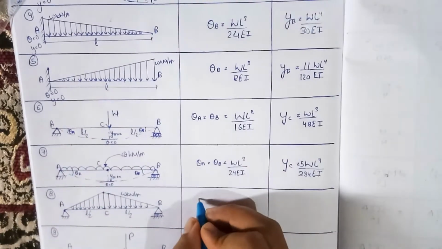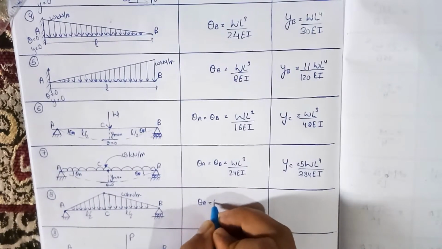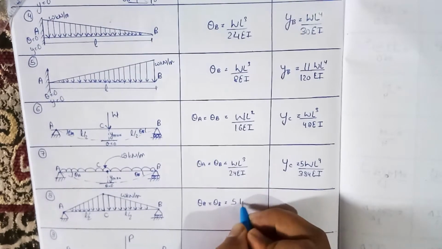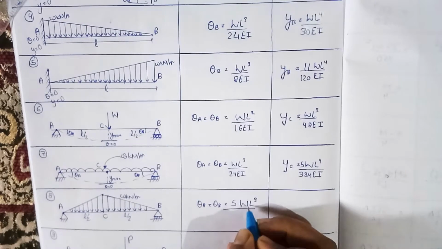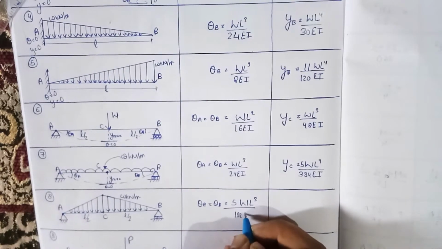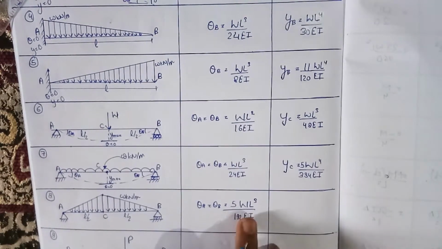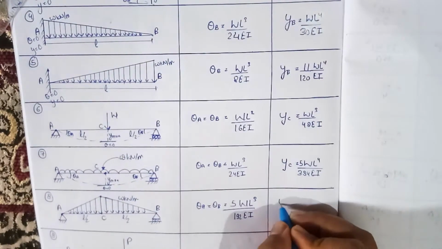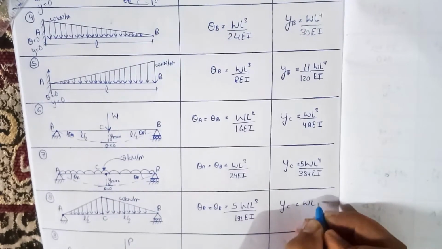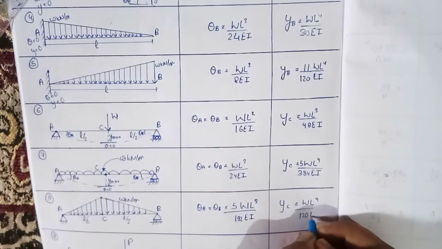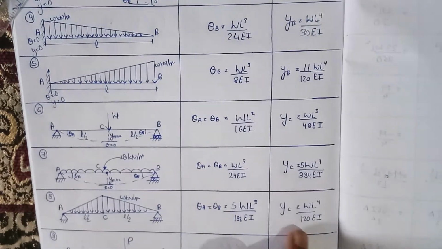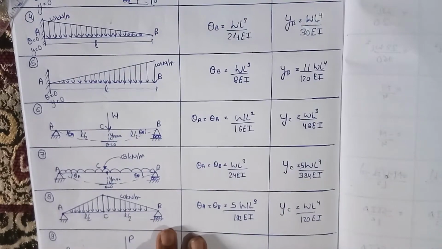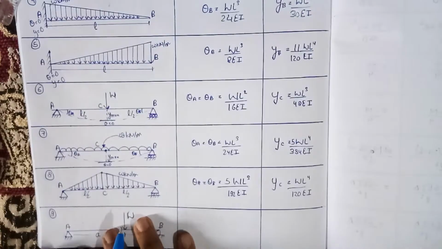So the value of theta at A and theta at B, meaning the slope at A and slope at B, will be equal to 5 WL cube by 192 EI. And the value of the deflection at point C will be equal to WL to the power 4 upon 120 EI. So this is our 8th case. Next we will see our 9th case.